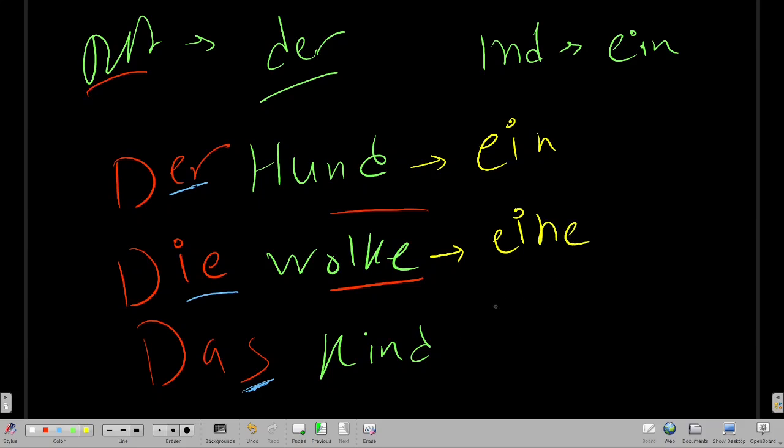And for Kind, again, if your guess is "ein," it is again correct. Why? We got no specific ending here for the masculine noun. We got an E for feminine, and we got an S for the neuter noun. That's pretty easy, wasn't it?